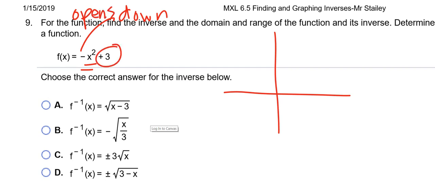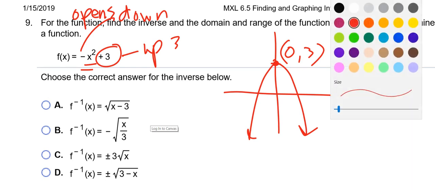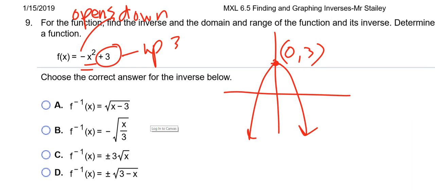What's the plus 3 doing? Moving the whole graph up 3. Okay? So that point right there is the point 0, 3. And we know that it's opening down. Alright, so here's my little y equals x.